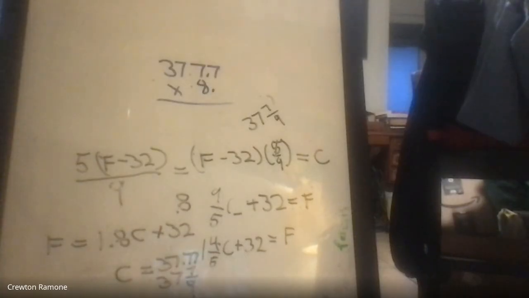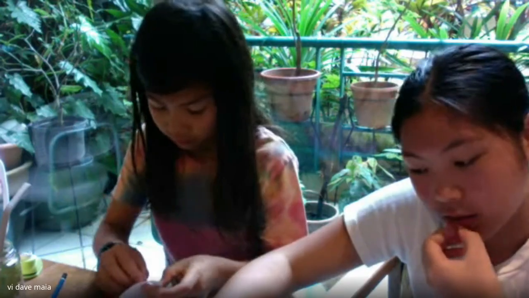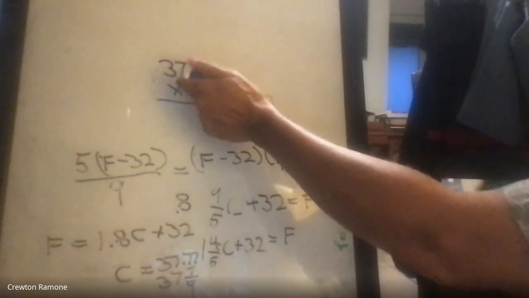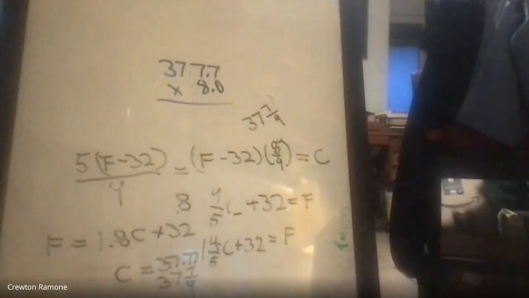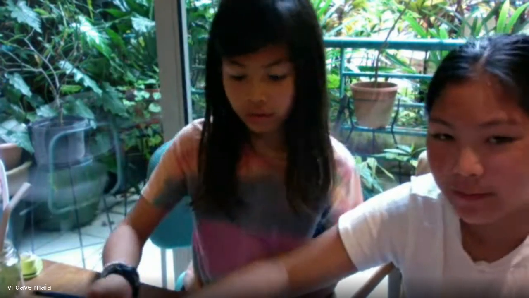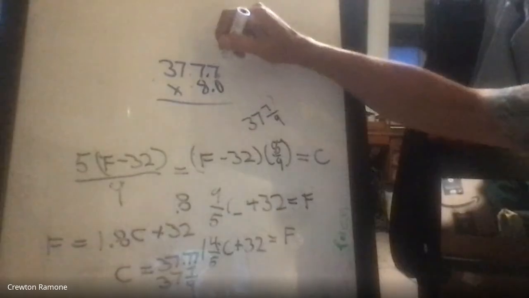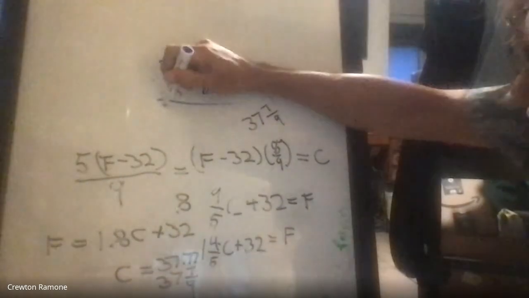Now you've got to do 8 times 37.77. Just do it. That's 3 times 8. 24. What's hard about that?